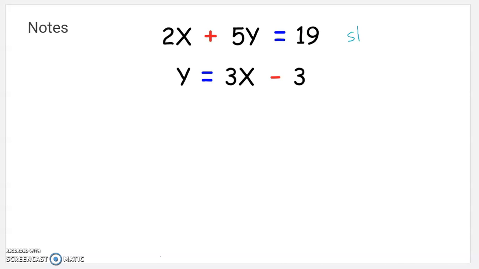So first things to note is this one's in standard form. This one's in slope-intercept form. And I can't use the substitution method the same as yesterday, but here's what I can substitute. So I know y and all of this are equal to each other.